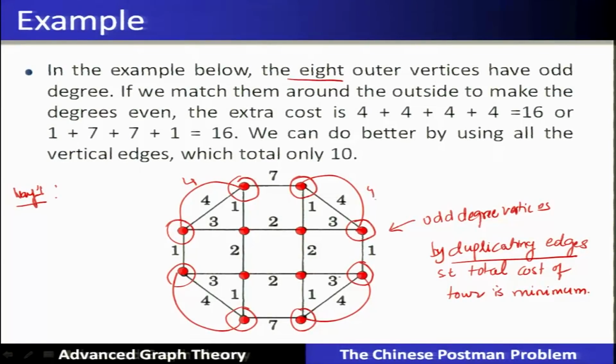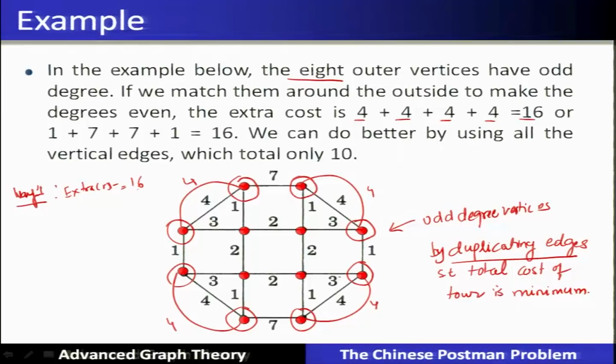So in this particular graph we have added 4 different edges, and all these edges are of cost 4. So the total extra cost comes out to be 16 in this particular method.